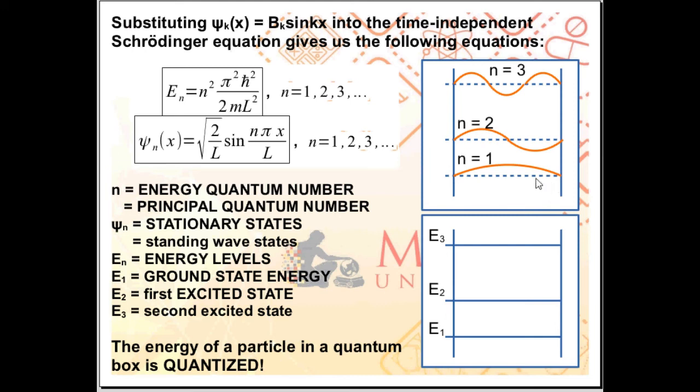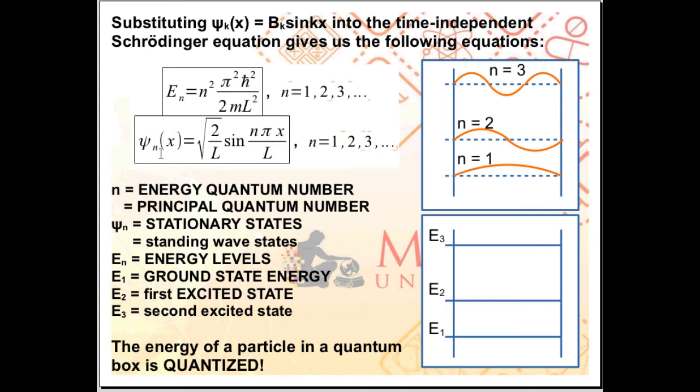So it's as if you have a standing wave. As you go from n equals 1 to n equals 2, you now have two segments or a whole sine function. And then you have n equals 3 and then n equals 4, n equals 5, and so on.